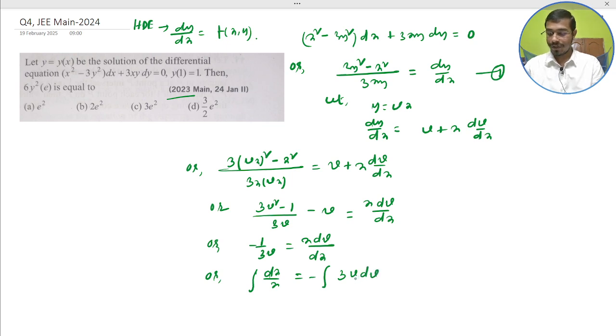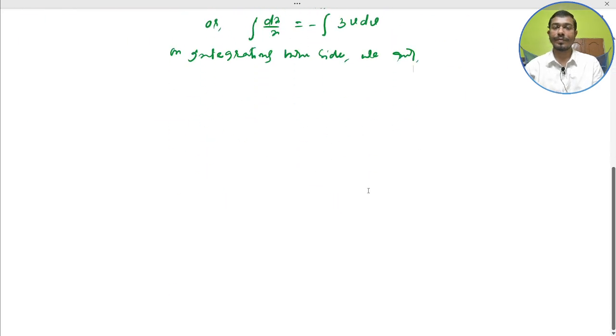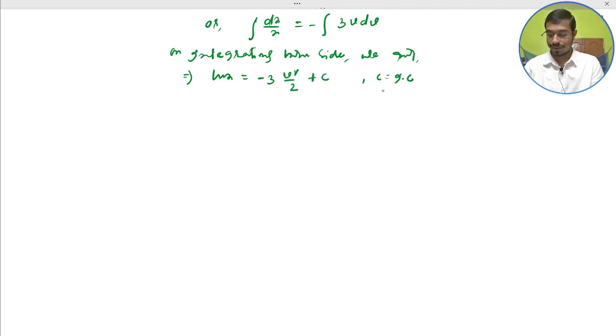Now on integrating both sides we get ln x is equal to minus 3 v square by 2 plus c, where c is the integrating constant. We satisfy the boundary condition, that y(1) equal to 1.